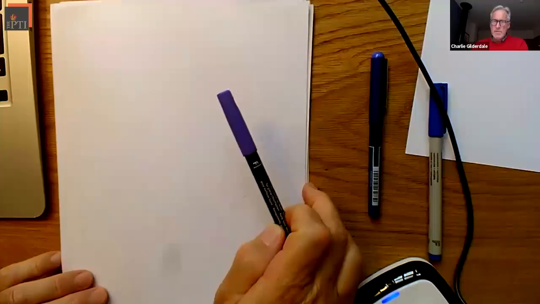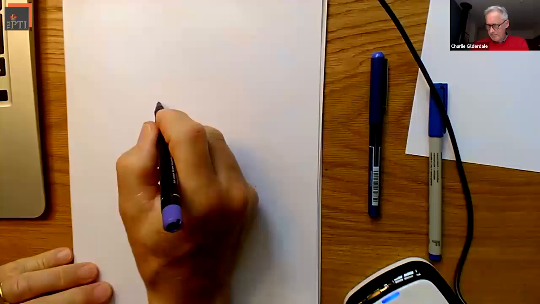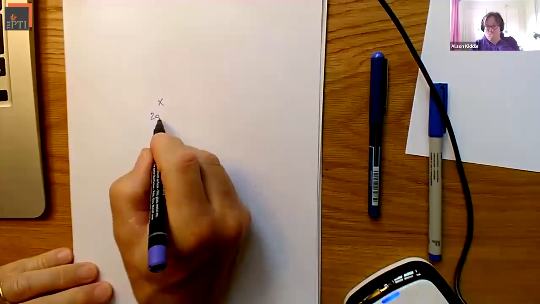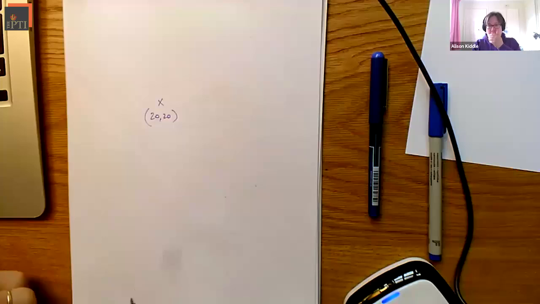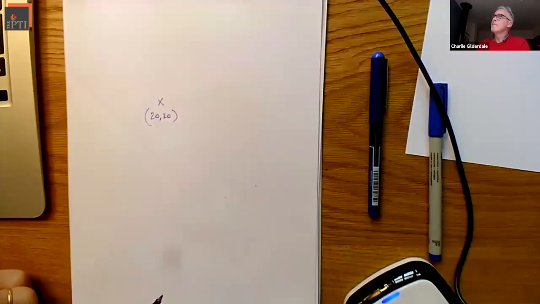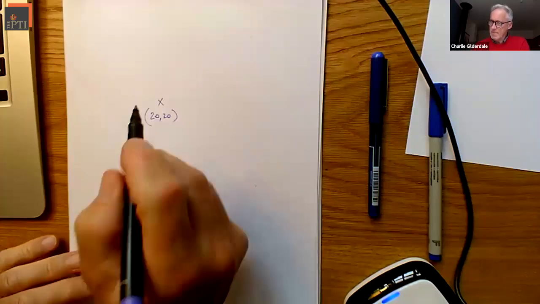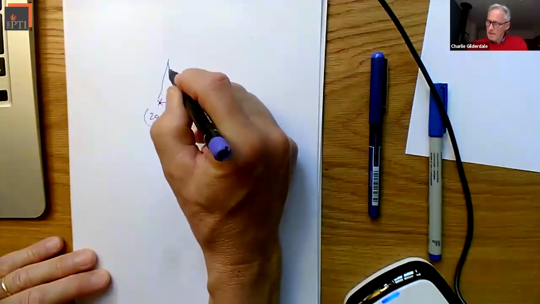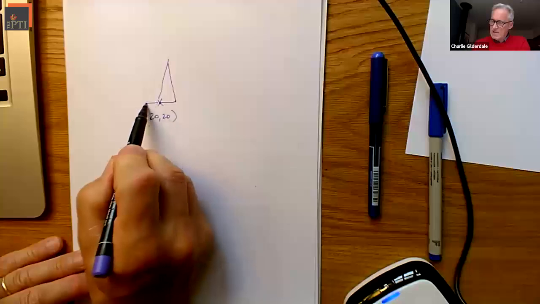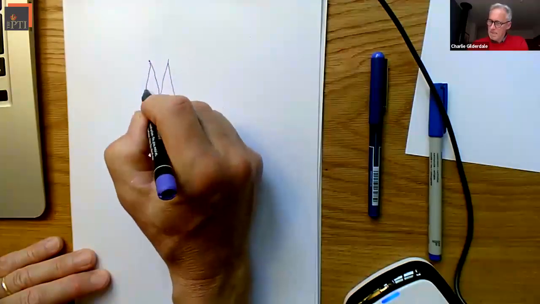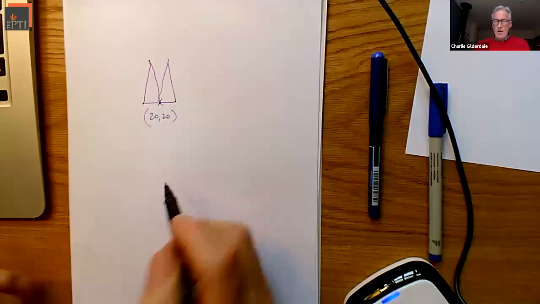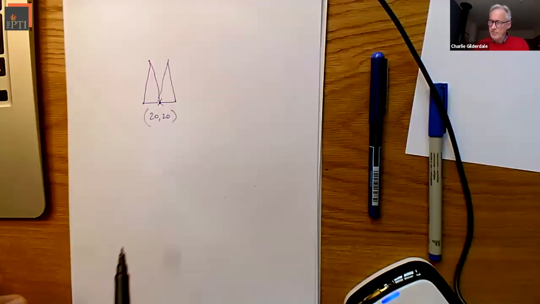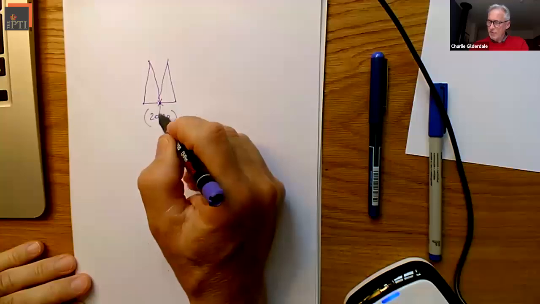So I'm thinking, if this is 2020, then I can have isosceles triangles with a horizontal side going in either direction from 2020, but I can also have them coming down.